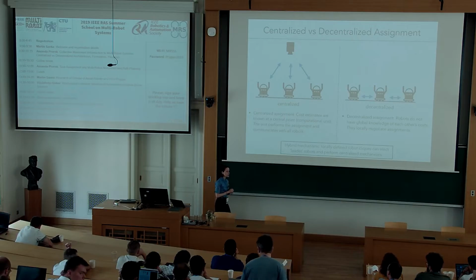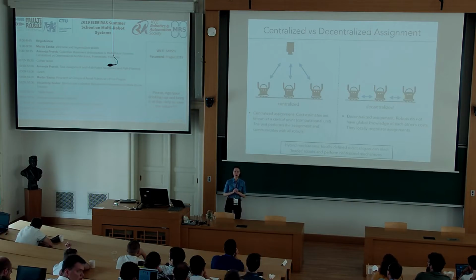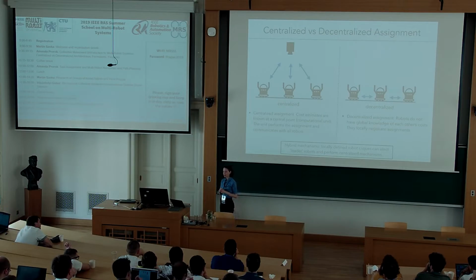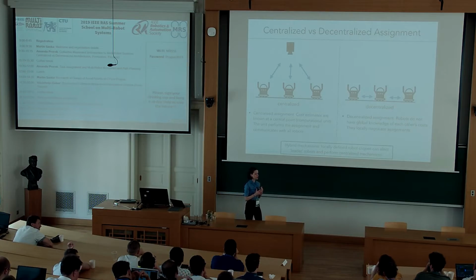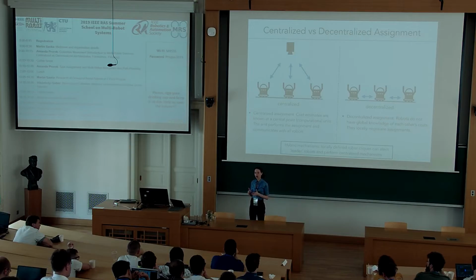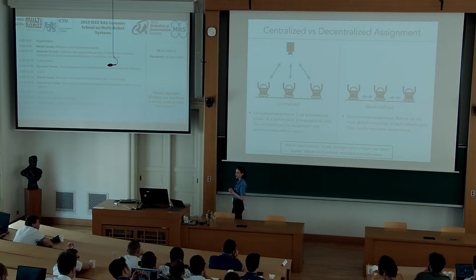So we not only need to be able to compute the cost estimates centrally, so to have a full estimate of the state of the full system, but also we need to be able to communicate with all the elements in our system. Where decentralized systems are much more relaxed, where you could be saying, well, the robots actually don't have global state knowledge of what the system overall is doing, and they have to negotiate who is going to be doing what simply by relying on local interactions with each other.